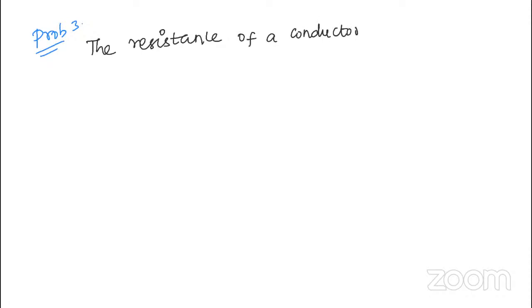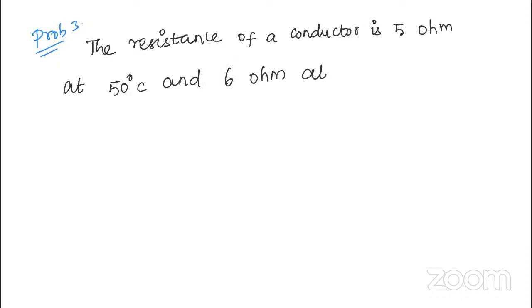Next, let us go for problem number 3. The resistance of the conductor is 5 ohm at 50 degree centigrade and 6 ohm at 100 degree centigrade.